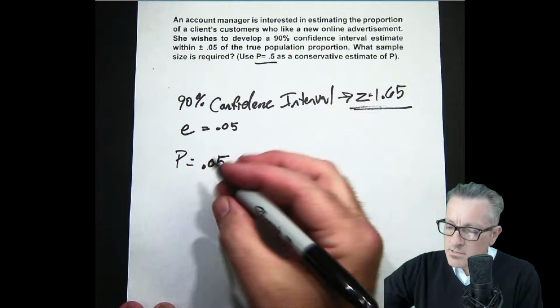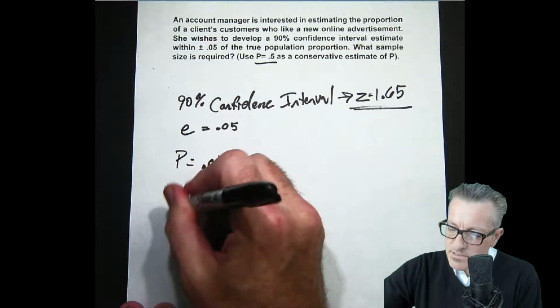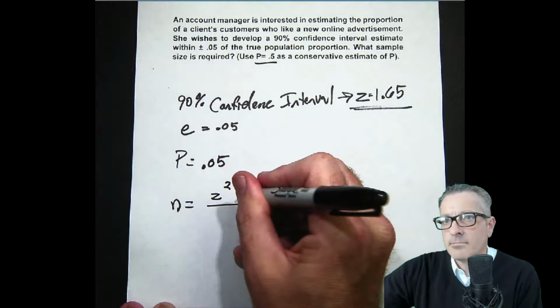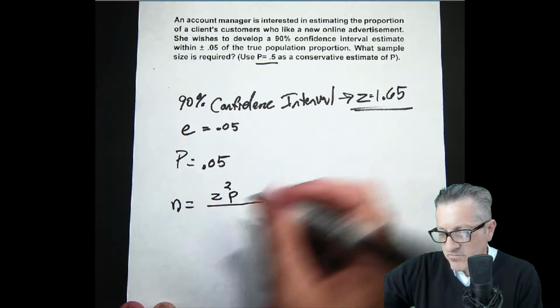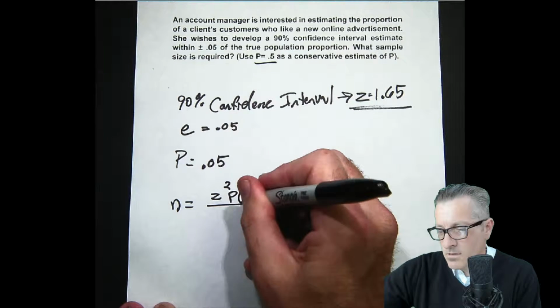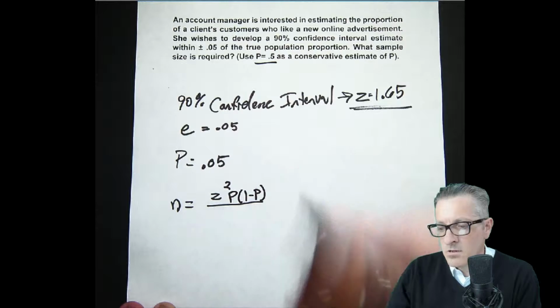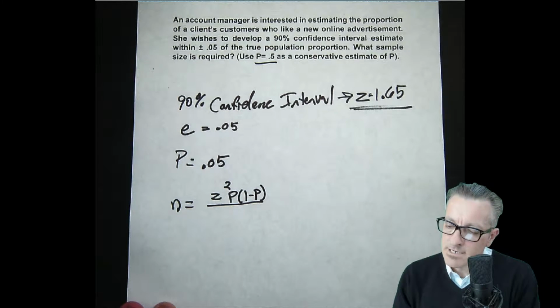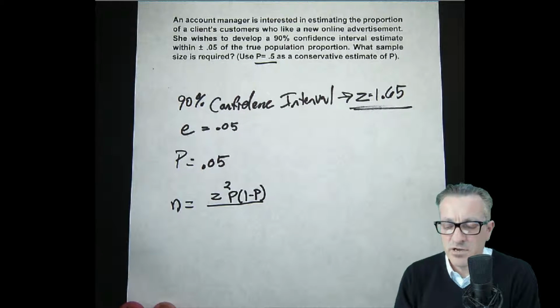Okay, so the actual formula is this. We have our z squared, and then p times 1 minus p, which is very similar to what you'd see if you've looked at my binomial probability distribution videos.